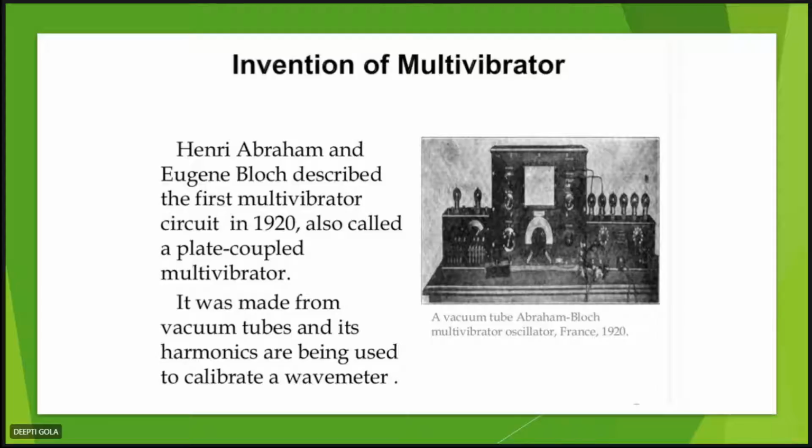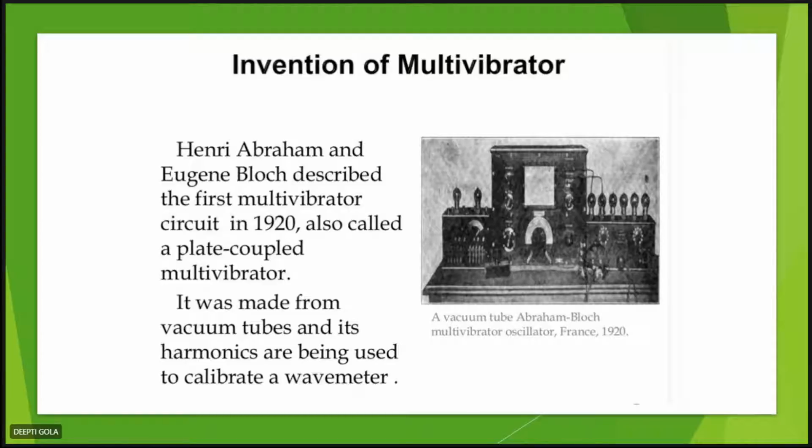So what is a multivibrator? Let's first find out when it was introduced and by whom it was described for the first time. Henri Abraham and Bloch described the first multivibrator circuit in 1920, and they called it a plate coupled multivibrator. The picture is given on the right hand side.